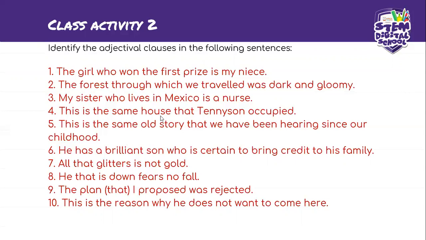Number 5, this is the same old story that we have been hearing since our childhood. So what is our adjectival clause here? Lesedi sent this up.